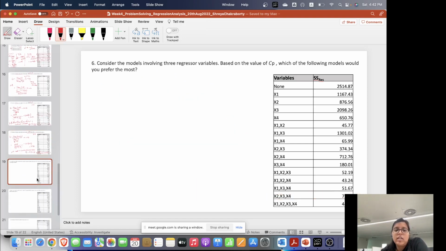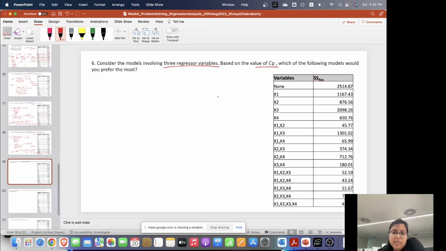Next, if we are to consider models involving 3 regressor variables, now if I have to choose based on the value of Cp, which of the models would we choose? When we are asked to consider models involving three regressor variables, which of the 16 models should we use?